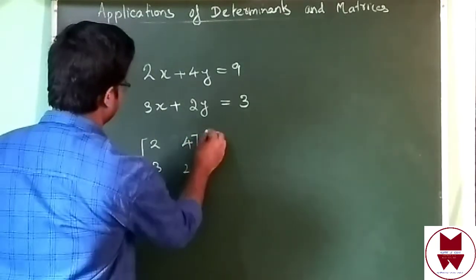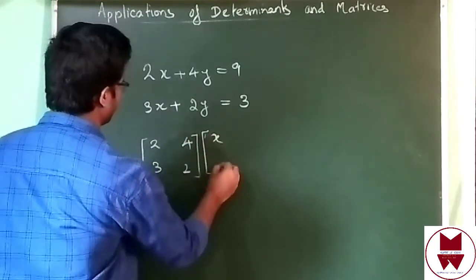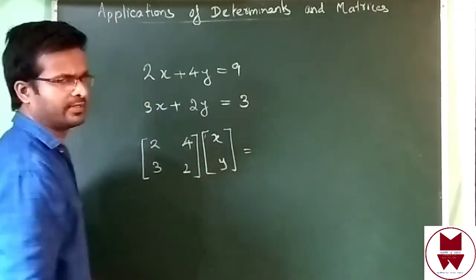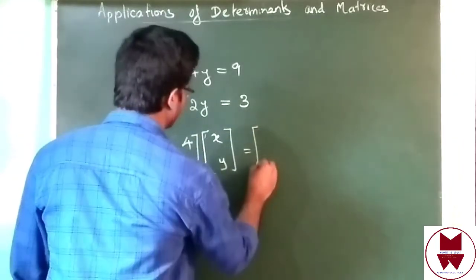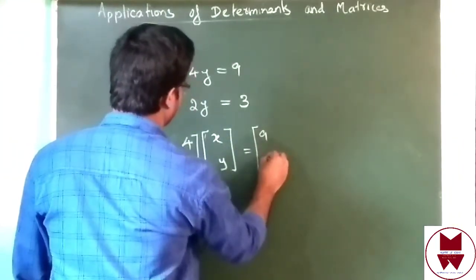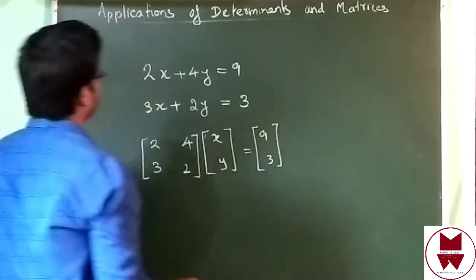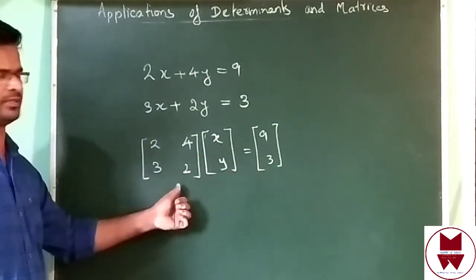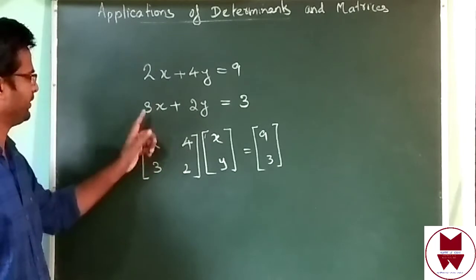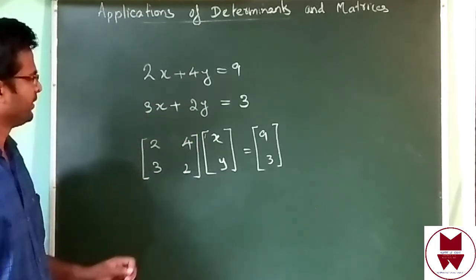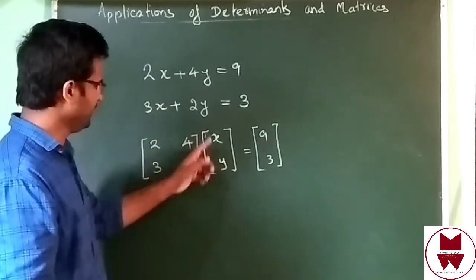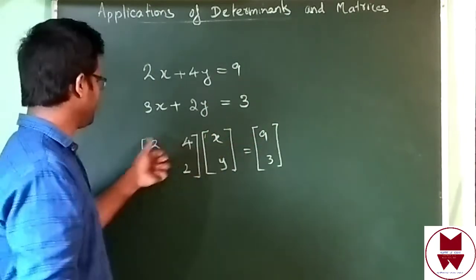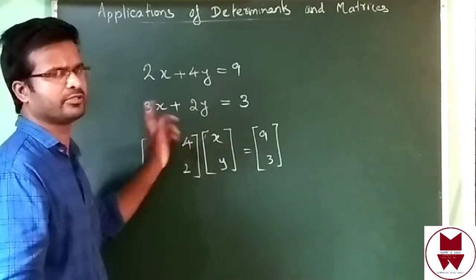Then multiplied by the variables x, y in the second matrix, equal to the right-side constants 9, 3. So the given system can be written as the matrix [2 4; 3 2] times [x; y] equals [9; 3]. If we expand this matrix, we will get the same system of equations.